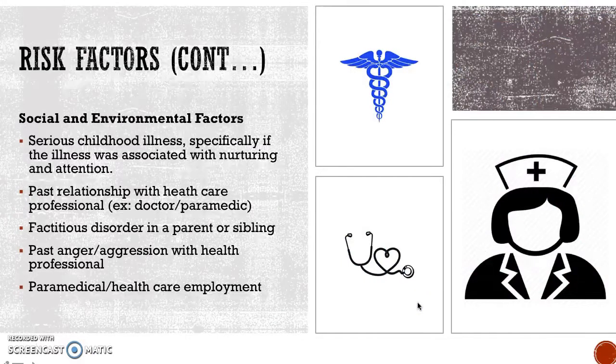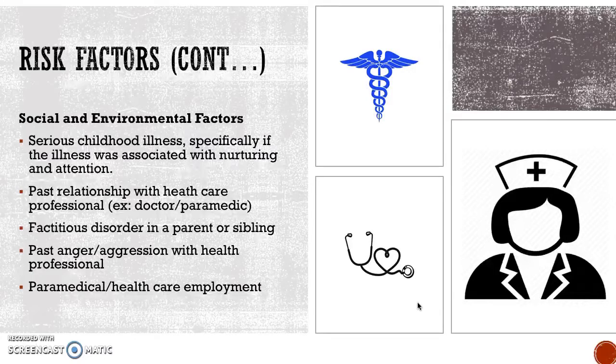So there have been social and environmental factors found as well that play a role in factitious disorder. So serious childhood illness, specifically if the illness was associated with nurturing and attention. If a young child has already experienced an illness where they were given a lot of attention, a lot of care, they sometimes crave that and decide to fake these illnesses.